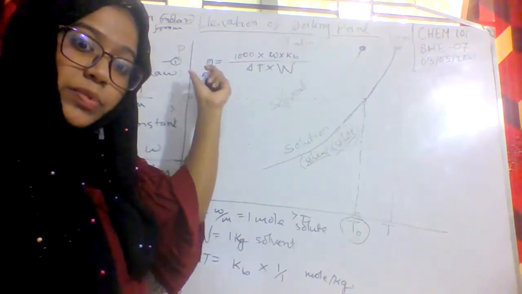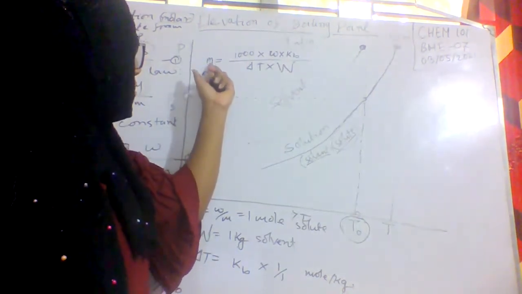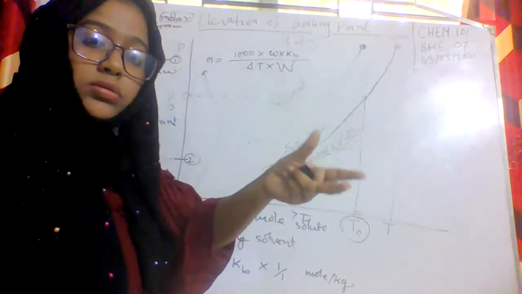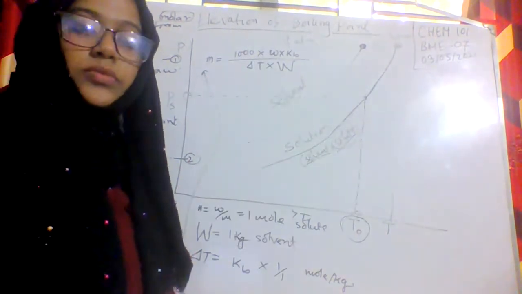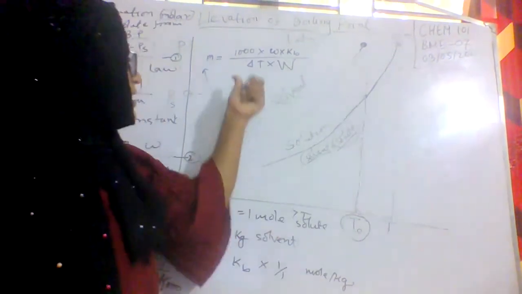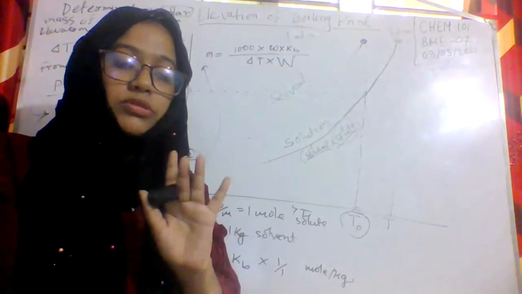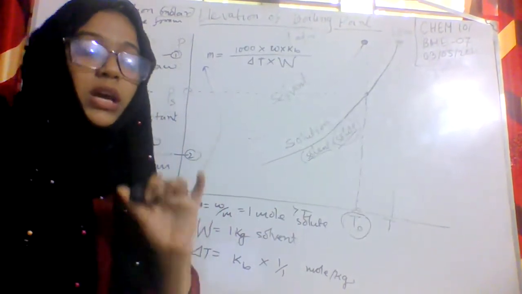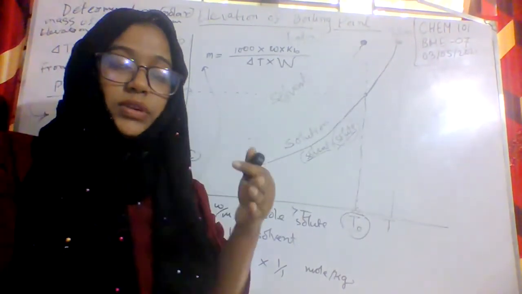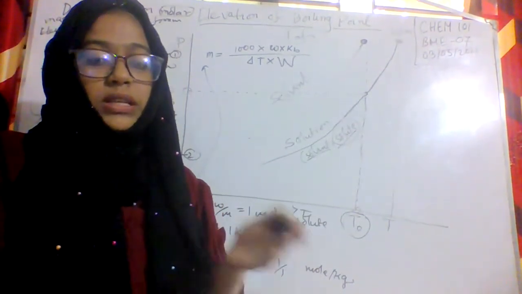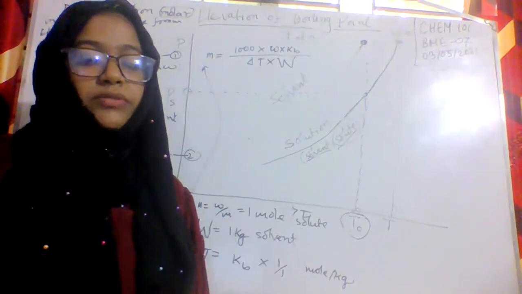So can we measure the molar mass of the solute which we want to know? Yes. By using this equation, you have to do some mathematical problems, which you will find in your reference book, some as solved problems, and some in the last part of the chapter.